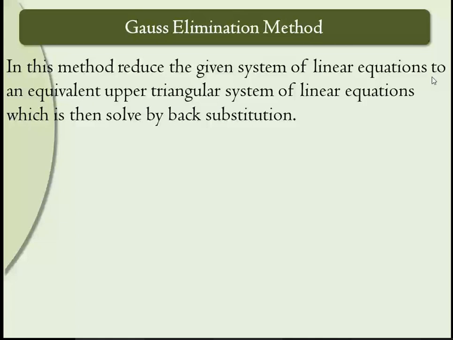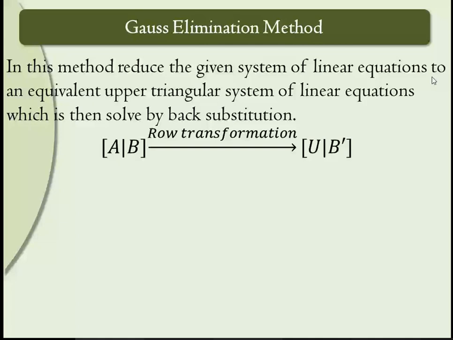And how can it be converted to an upper triangular matrix? We can use different row operations or row transformations. While finding the inverse, we also use different row transformations. We can interchange 2 rows, we can multiply any row by a constant k, or we can multiply any row by k and add it to another row, that is Ri plus k Rj. So these are the main 3 operations we can do with the rows of any matrix.